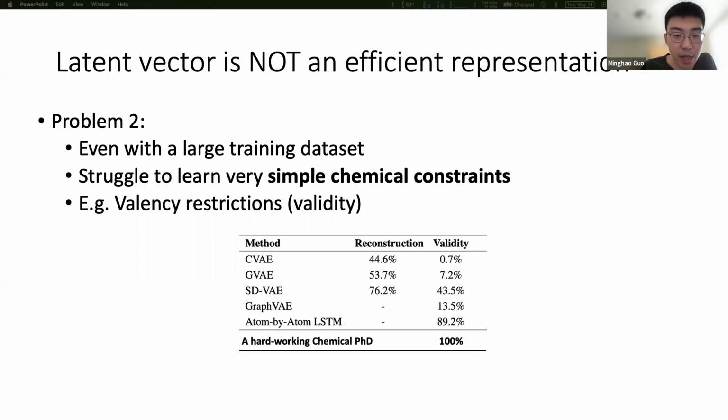In some sense this is quite counterintuitive, because it is super easy for hardworking chemistry PhDs to just write down all the valency rules by hand. There are only 118 elements in the world, and the valency constraints are quite simple to write down and verify.